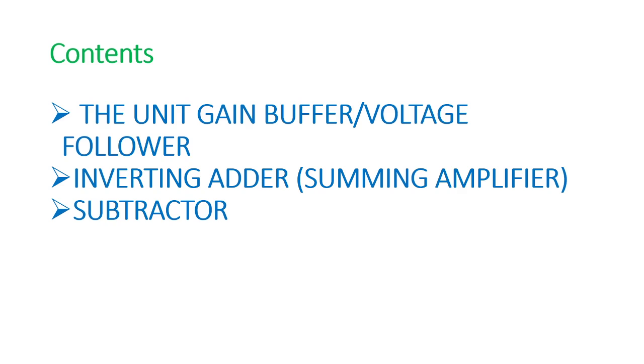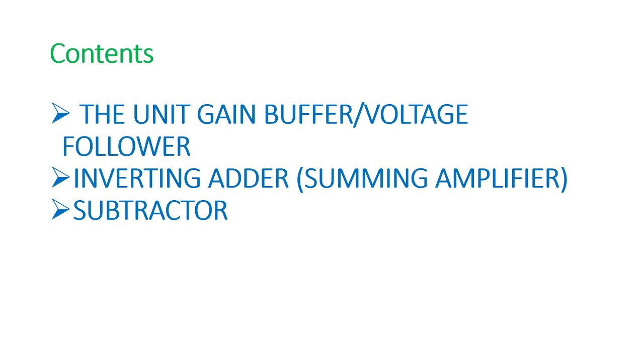Now we also discuss the operational amplifier as an inverting amplifier. The basic circuit of an operational amplifier as an inverting amplifier. In inverting mode, the input is applied to the inverting negative terminal and the non-inverting plus terminal is connected to ground.